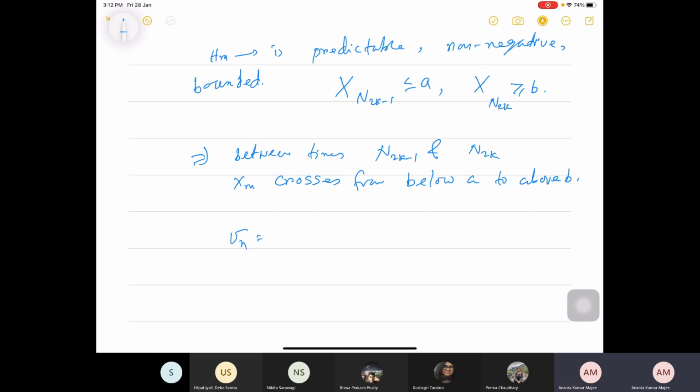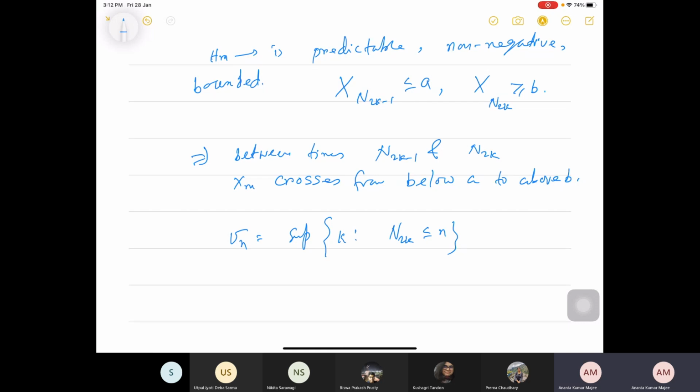And I define my U of n, which is the supremum of k such that n of 2k is less than or equal to n. This is the U n, which is the upcrossing along this.